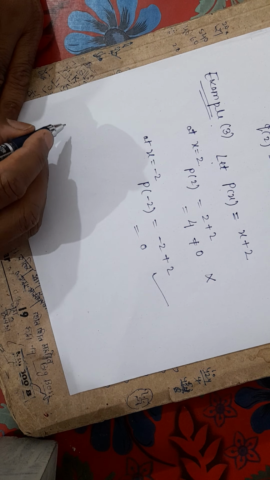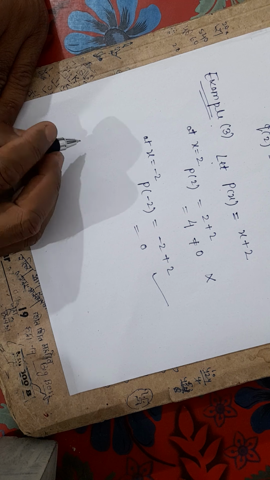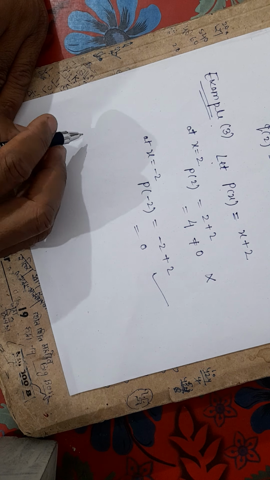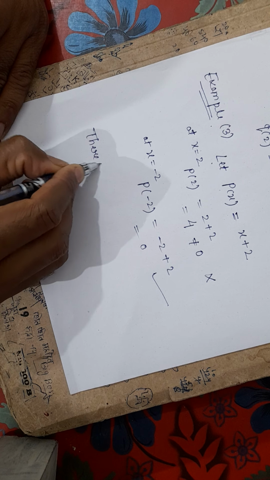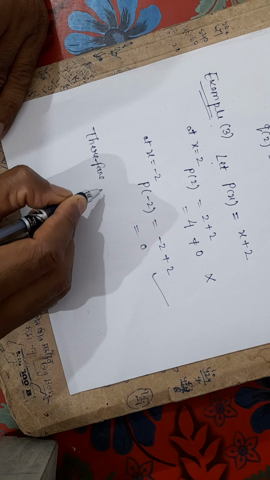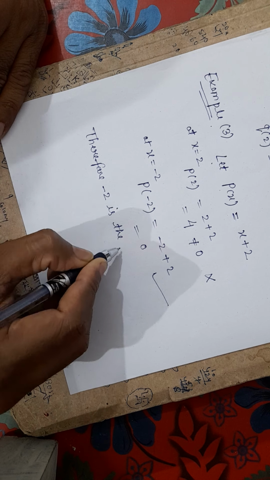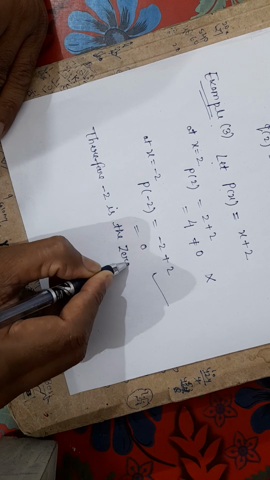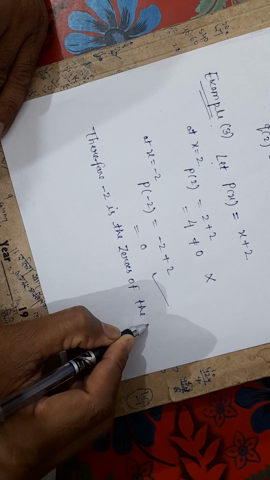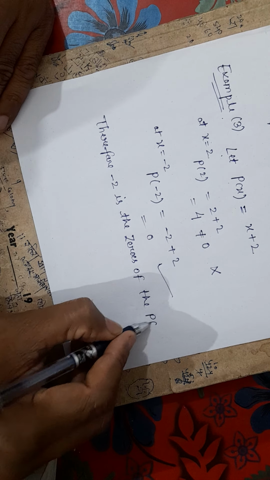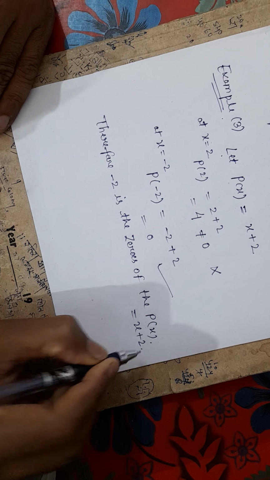So we will write here, therefore minus 2 is a zero of the polynomial p(x) equal to x plus 2.